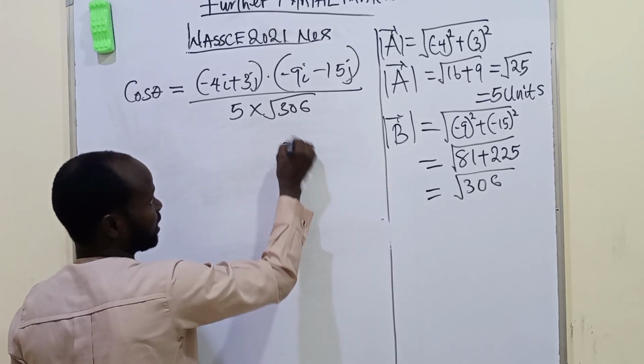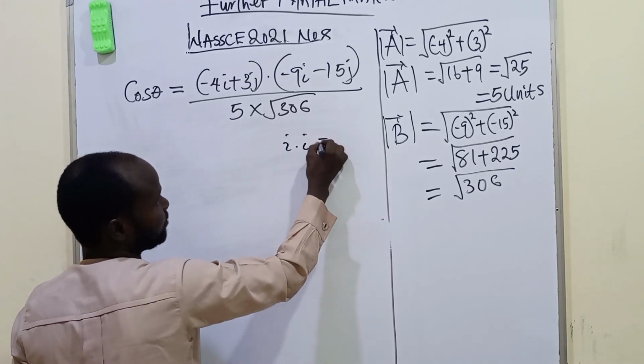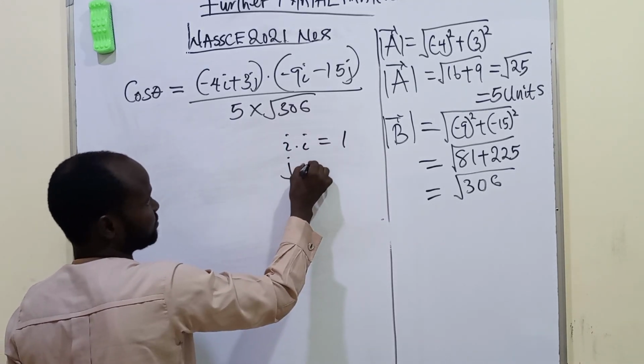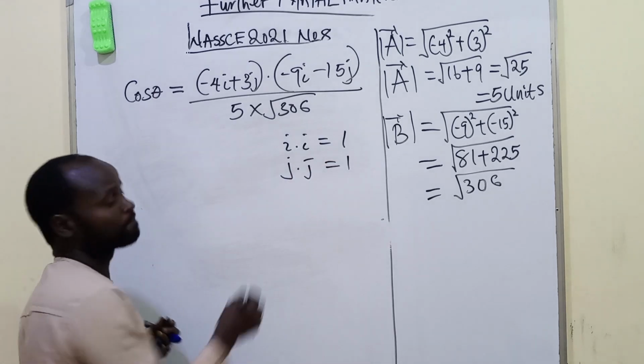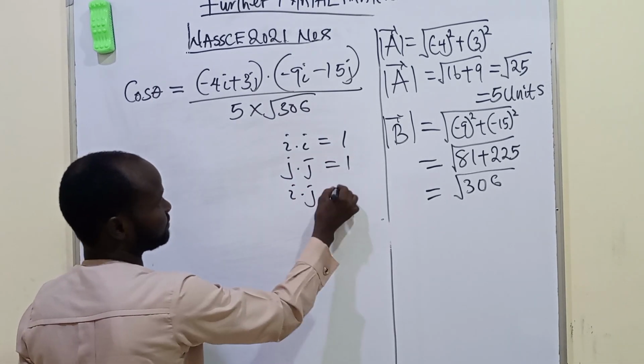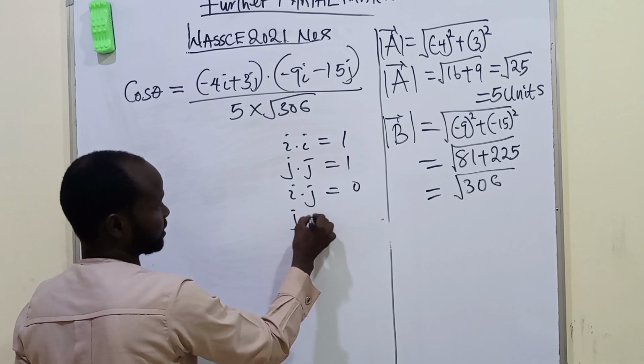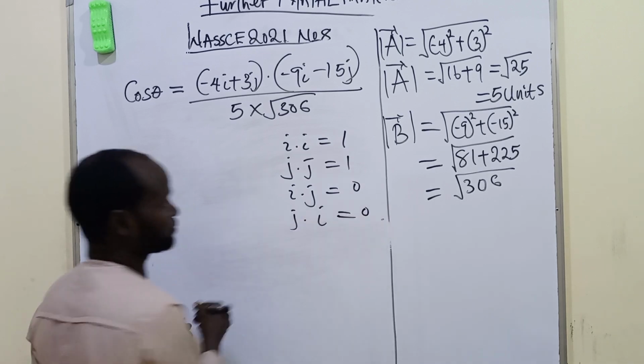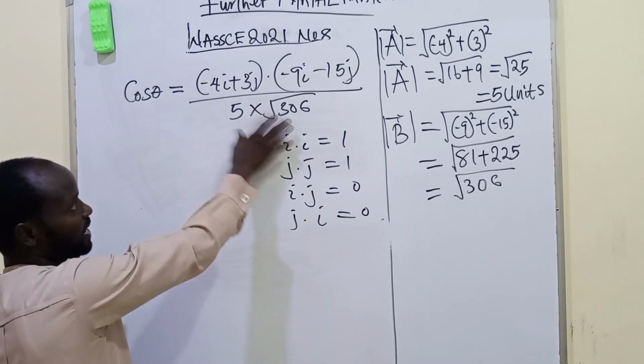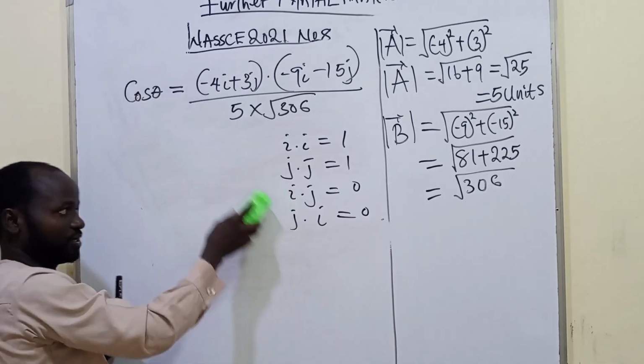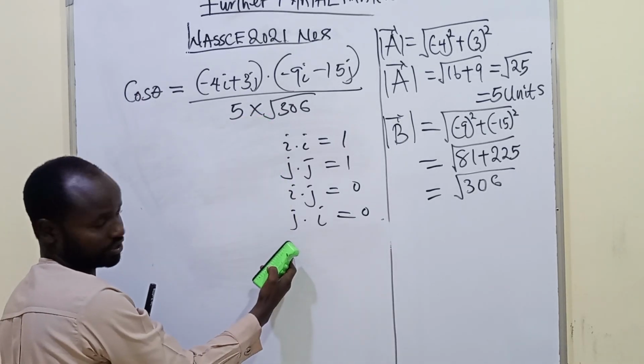Why? Because when we multiply i by i, we have 1. j times j is 1. Then i times j is 0, and j times i is 0.